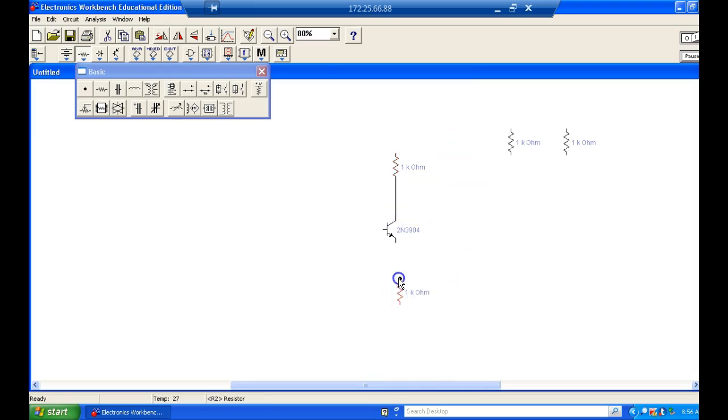This is our emitter resistor, right? And then we need one right here. These are our base resistors.